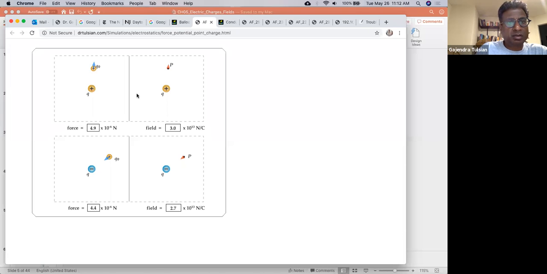The way we explain that is that this charge creates electric fields all around it. So it's created an electric field at that point as well, and this charge is just feeling that electric field.